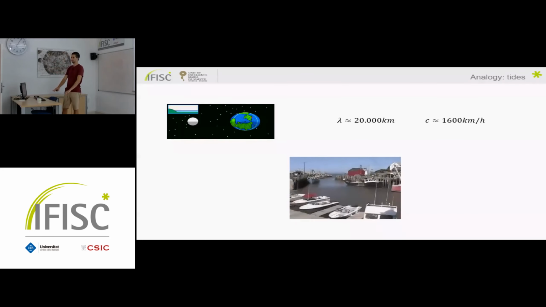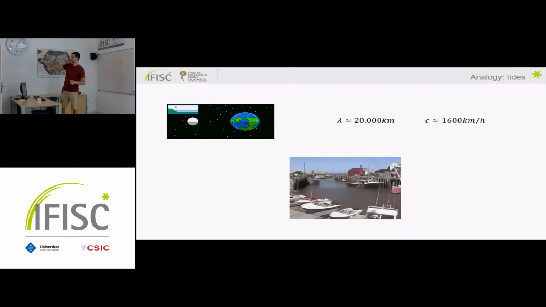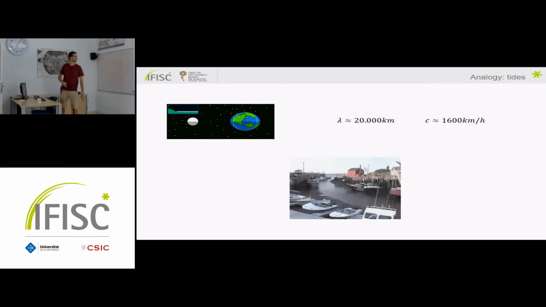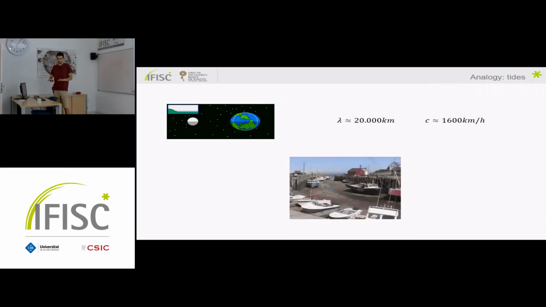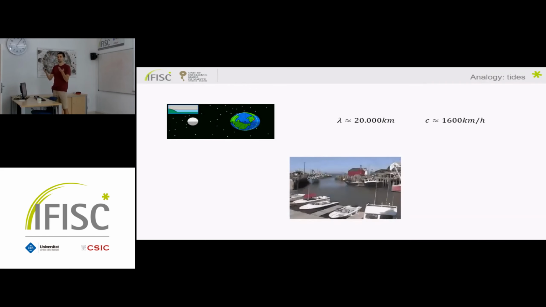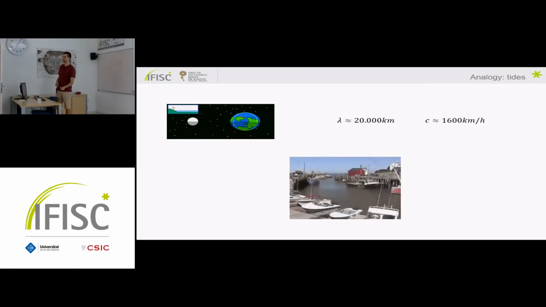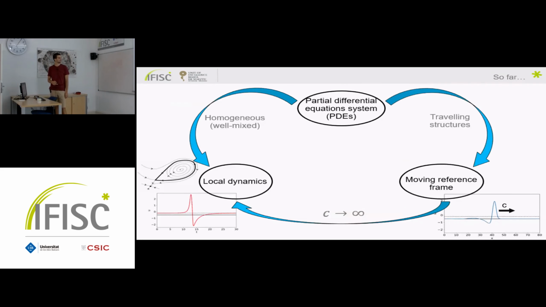No? So here we have this traveling wave that is very flat and moves really fast. But when you are there, you just see it approximately as a homogeneous movement of the sea. No? Obviously, tides do not work like that, but I think it's a good analogy to understand the limit I'm talking about. So, okay, now we have this connection between the moving reference frame and the local dynamics.